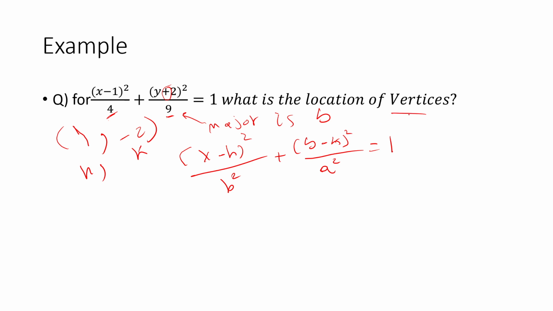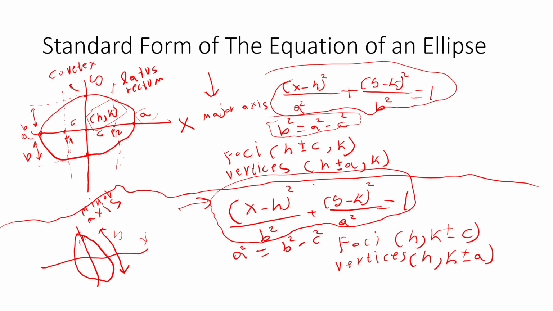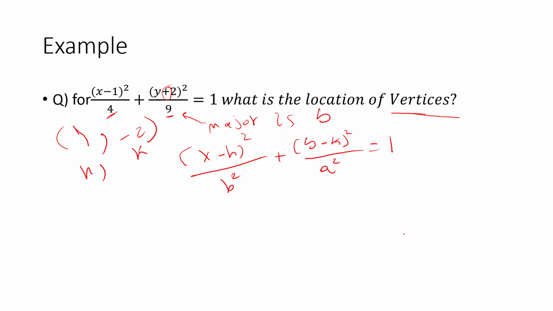And the question is asking us about the vertices. So the vertices in this condition are here, (h, k plus or minus a).